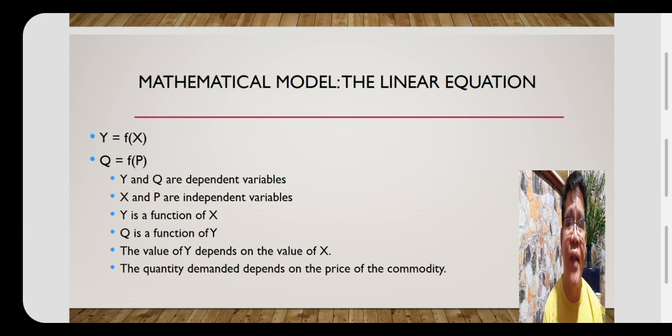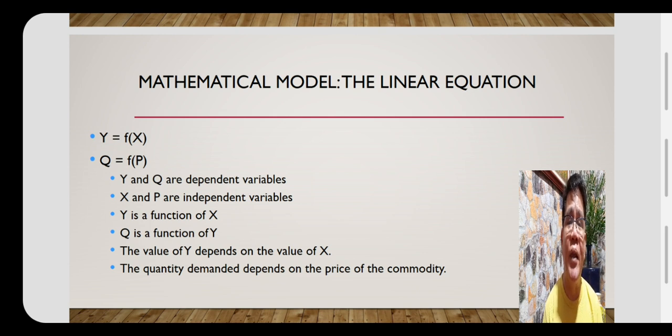So that instead of using the letters y and x to represent the dependent and the independent variable, we are now making use of Q and P. So the y variable is replaced by the Q variable, and the x variable is replaced by the P variable.